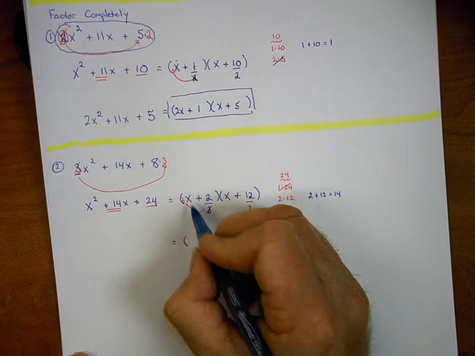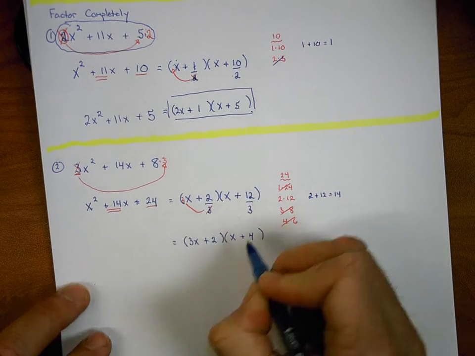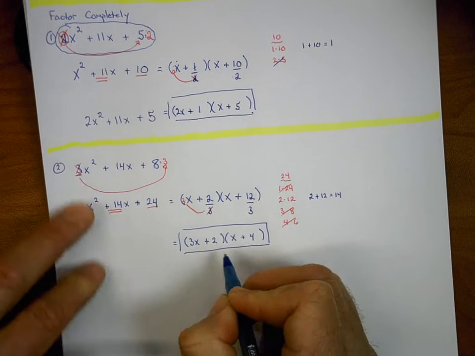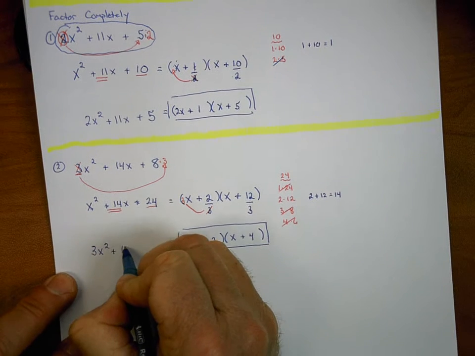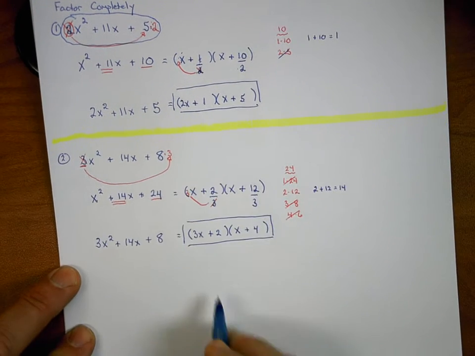So this first parentheses becomes 3x plus 2. That is my factored form of number 2. So when I factor 3x squared plus 14x plus 8, it factors into (3x plus 2)(x plus 4).